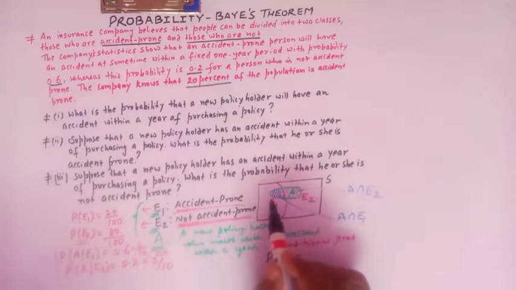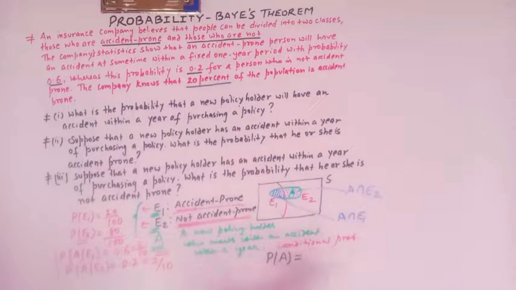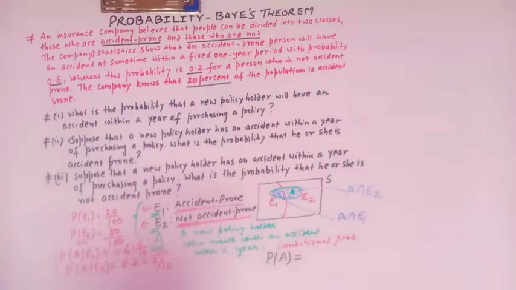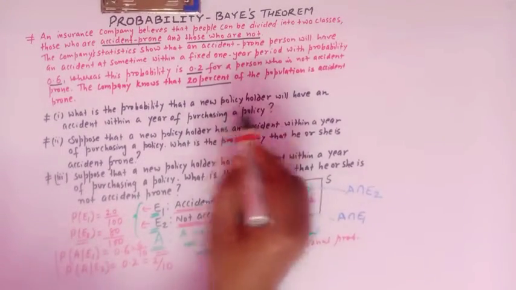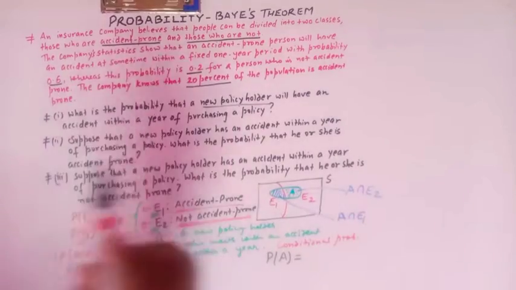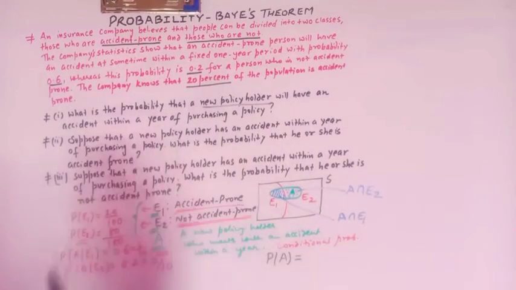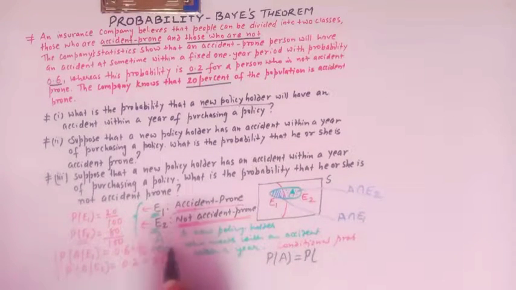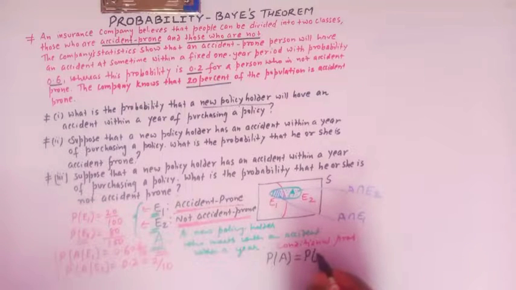Since A is associated with both E1 and E2, the combined probability of A with E1 and A with E2 should be considered. So P(A) represents that this person A meets with an accident.